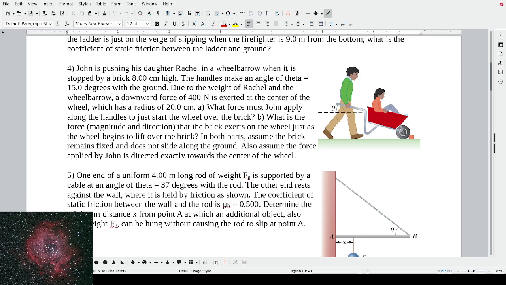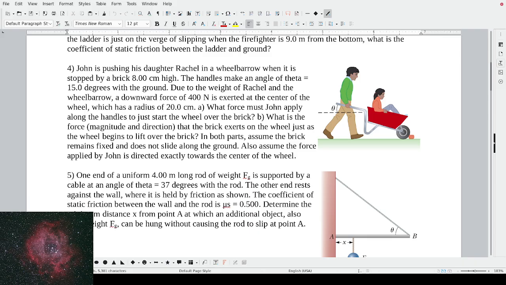Let's see, part A. Find the force due to John. Part B. Find the normal due to the brick at the moment it begins to rise up over the brick, in terms of magnitude and direction, I believe.